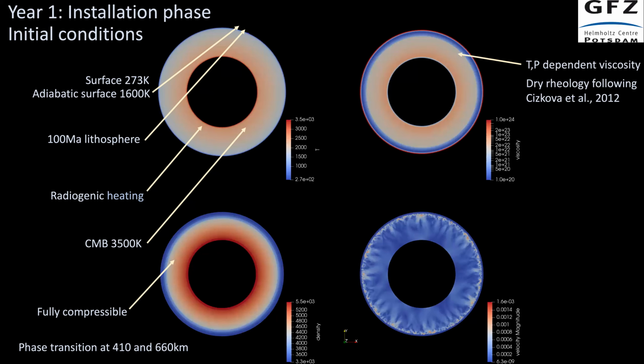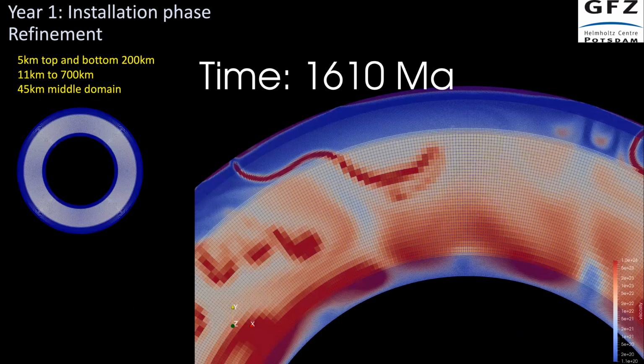Our viscosity, as I said, is temperature and pressure dependent, and we use a dry rheology following Steinberger and Calderwood 2006. We have a free slip boundary on the core mantle boundary and the surface, so no tangential shear stresses on those boundaries.